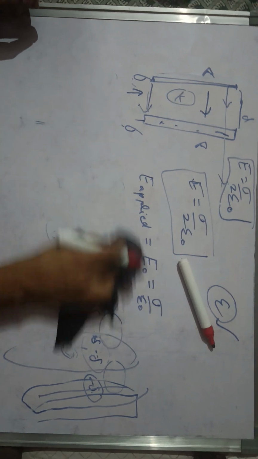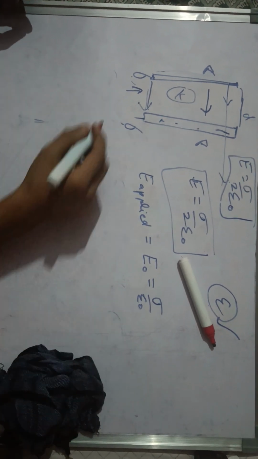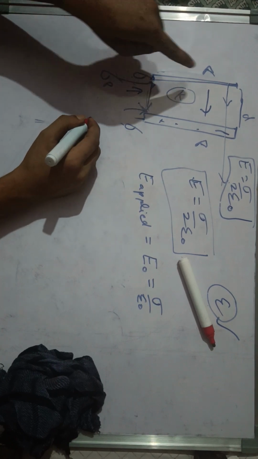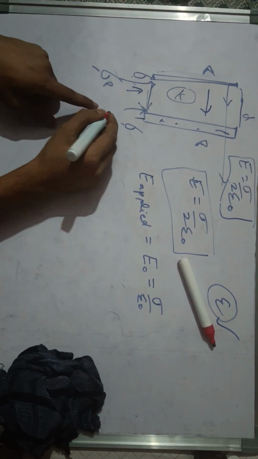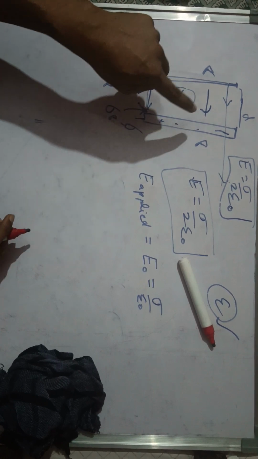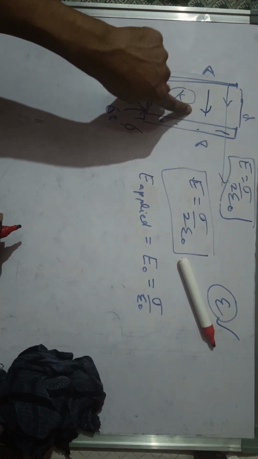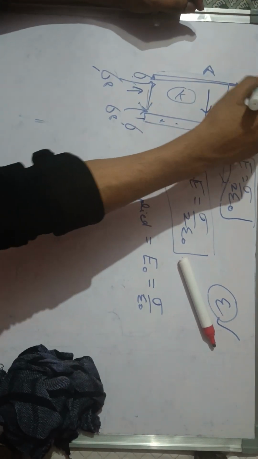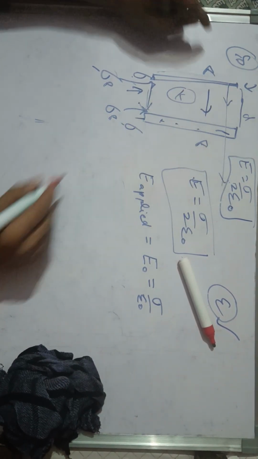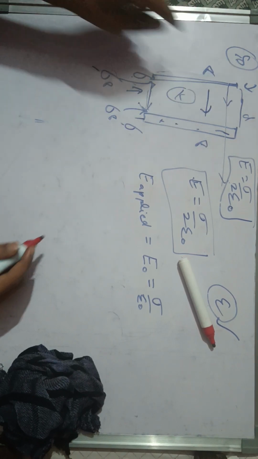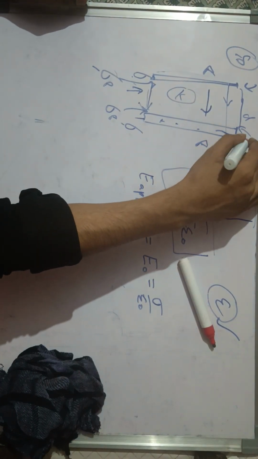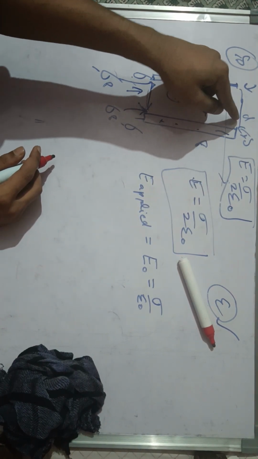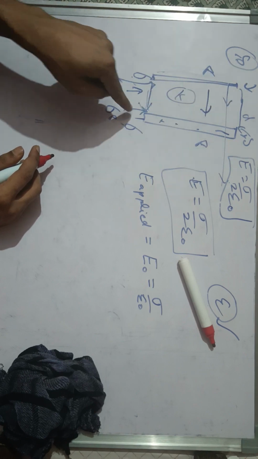Let's say due to this charge there will be some sigma p density in this region. This is positive, so this will be negative, and this is positive. This is a dielectric medium, not a conductor, so there will be some sigma minus sigma p induced on this side due to the delta negative charge induced in this region, and due to the delta positive produced, there would be some sigma p charge density in this area.